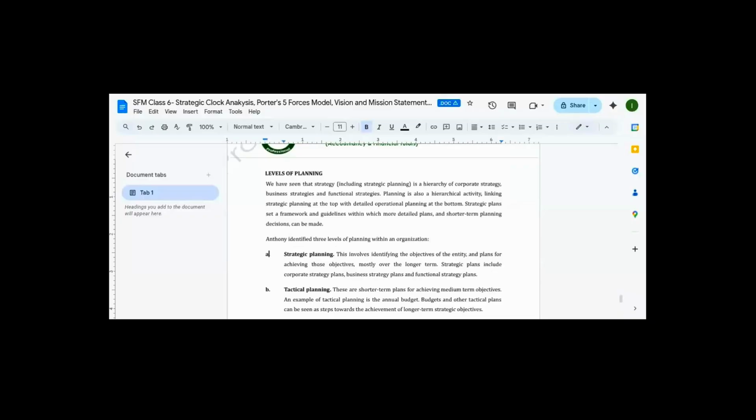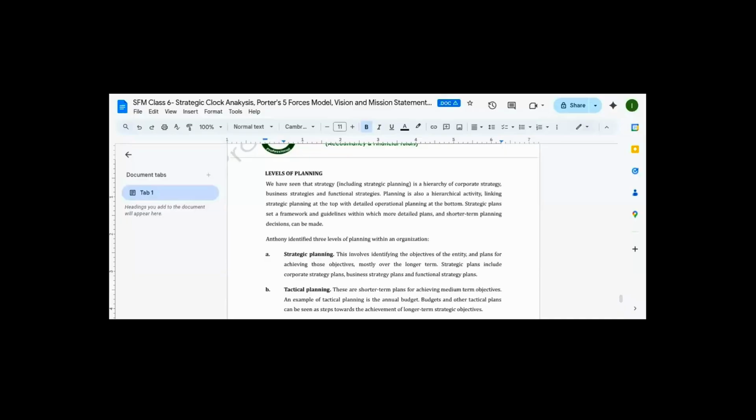One, strategic planning. I've told you not long ago, and I've emphasized and re-emphasized, that anything strategic planning is being done by the strategic apex, top management of the company.